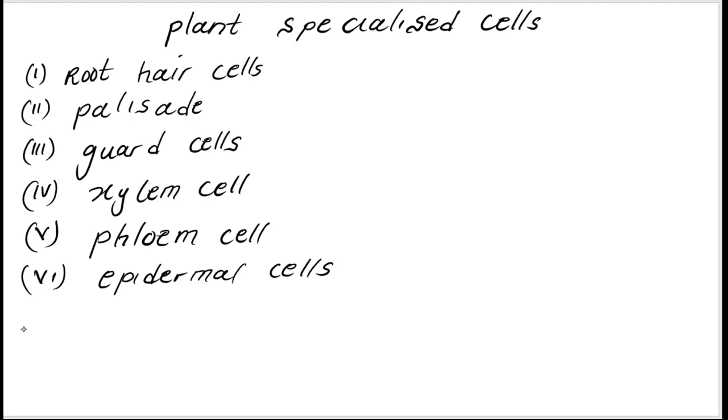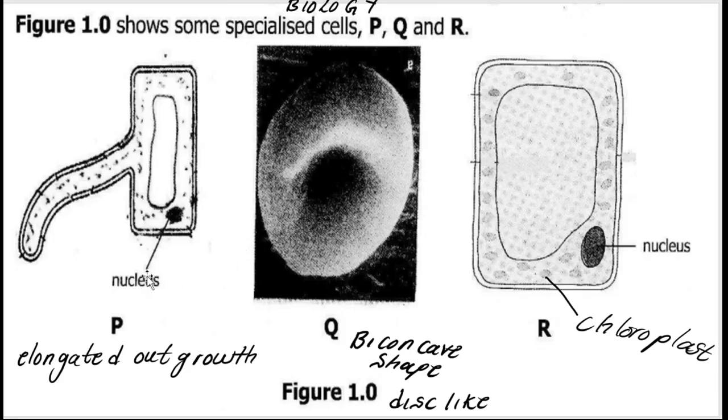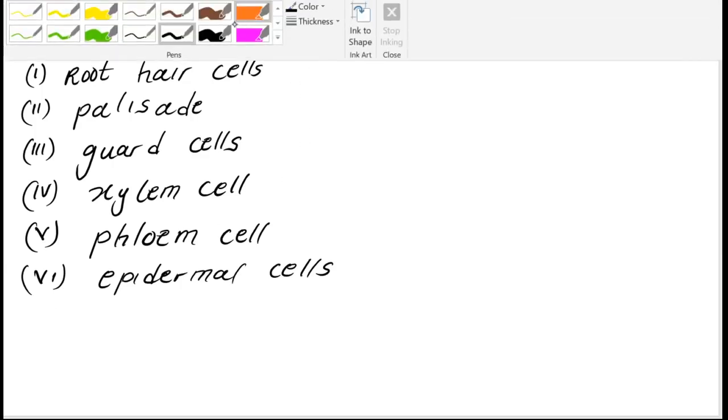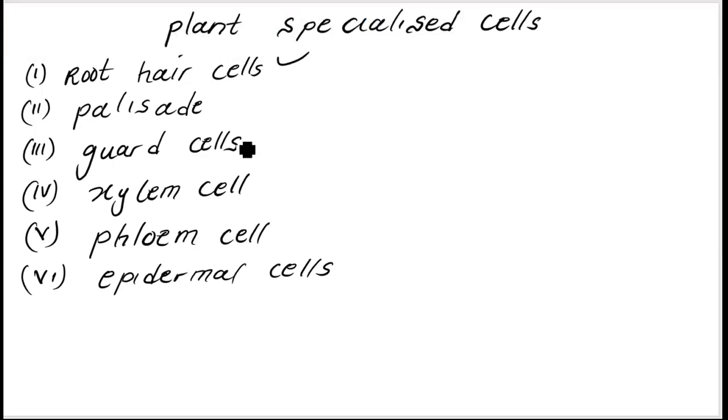And then I also came to plant specialized cells. As you can see here on the diagram, we've got the root hair and palisade. These two are plant specialized cells.